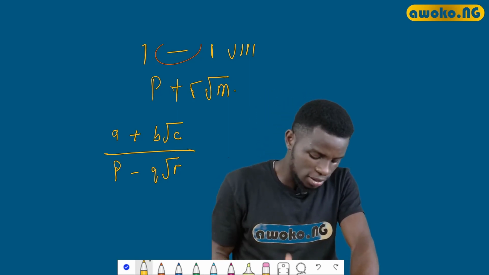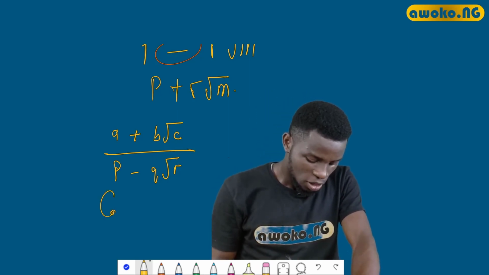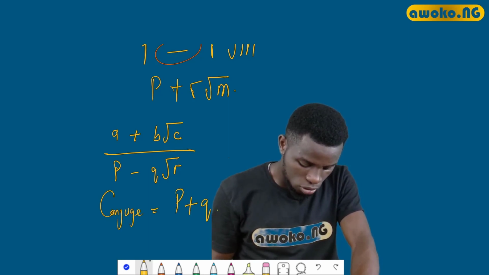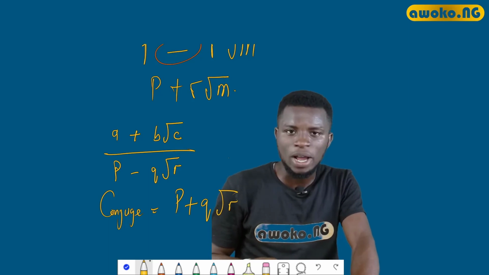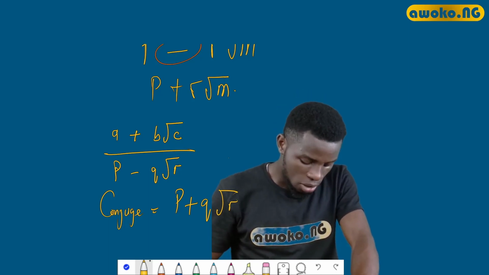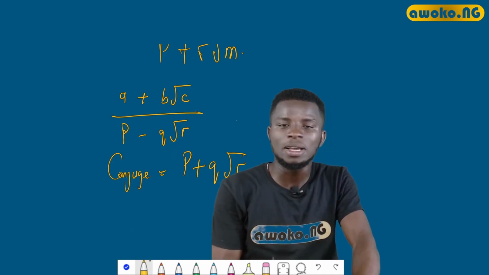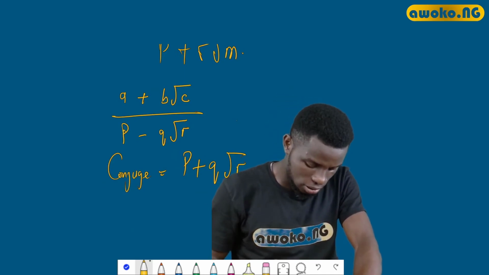So if you want to do that, the conjugate will be equal to what? P plus Q root R. Since I know my conjugate, I would have to multiply both the numerator and the denominator by my conjugate. And how do I do that? Very simple.